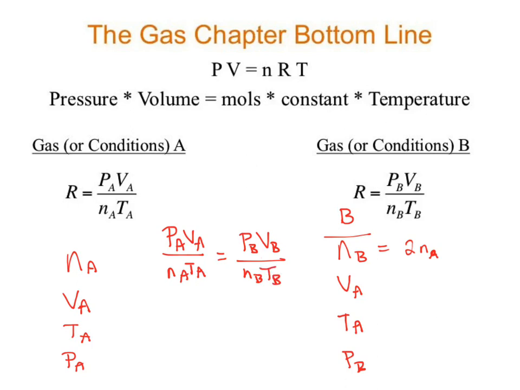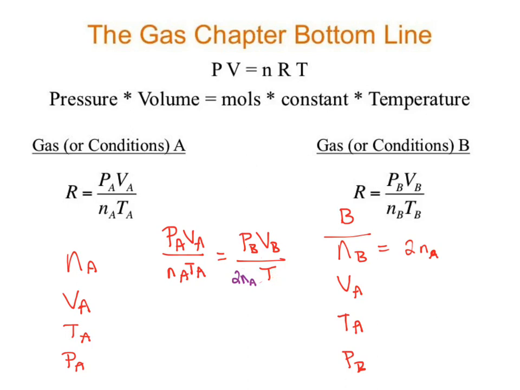R is the same for both conditions, right? So we have that expression. Okay. What do I know NB is? Well, NB is 2 NA. Whoops, that was supposed to be an eraser. What is temperature B?